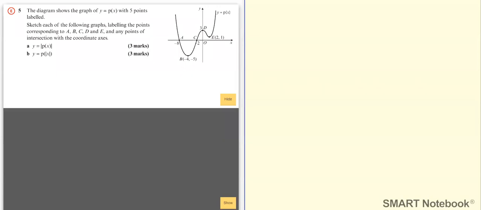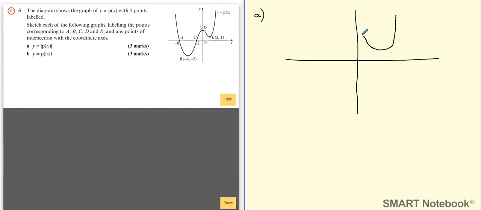So, part A, I am going to highlight all the bits on the original graph that are below the x-axis. Everything above it is fine anyway. So up to C is fine, but then everything below gets reflected.